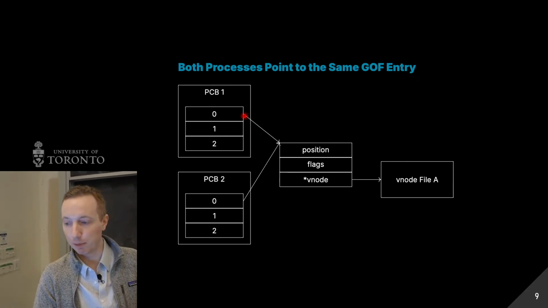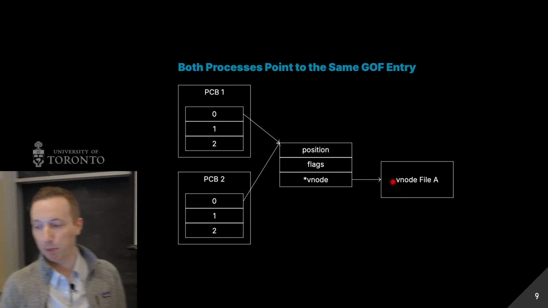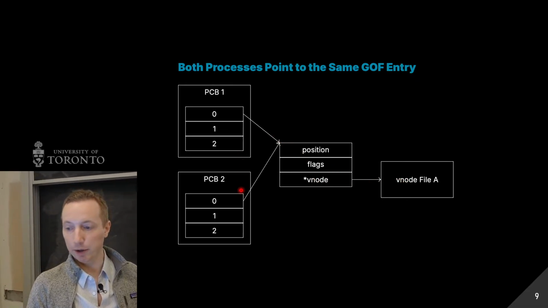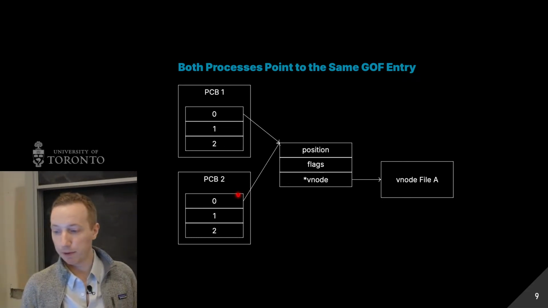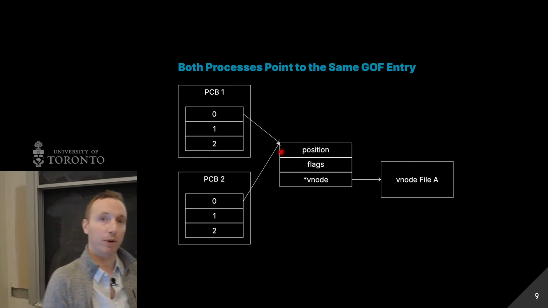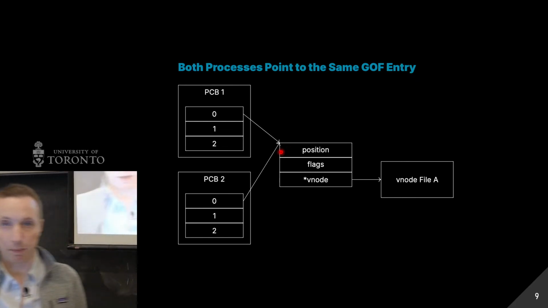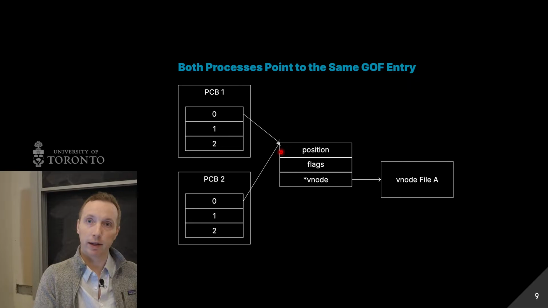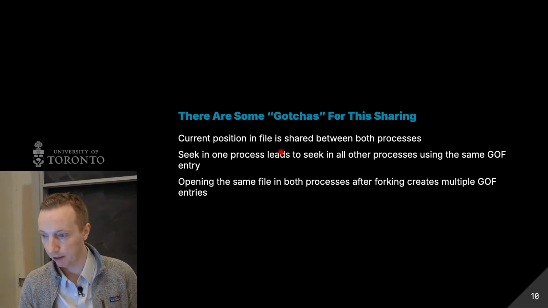Let's say file descriptor 0 is pointing to some global entry that has its position, flags, and vnode, and it's pointing to some file called A. Well, if we fork, we get a new process control block. It has its own local open file table, and it points to that same global entry. So now they're sharing that position, sharing the flags, and sharing all the details. So if you read, it will affect the position, or if I lseek or anything like that.